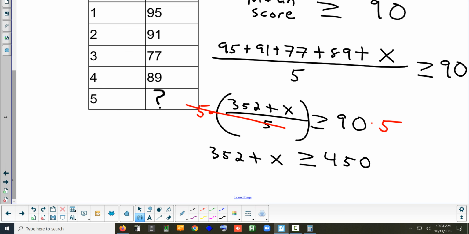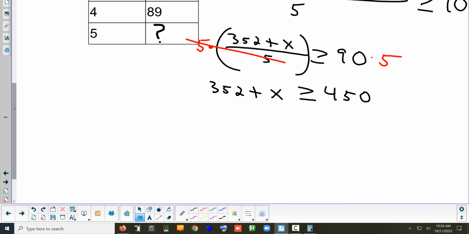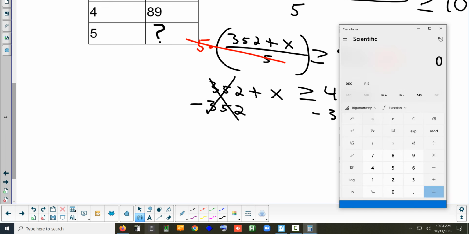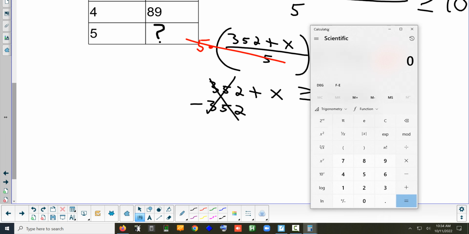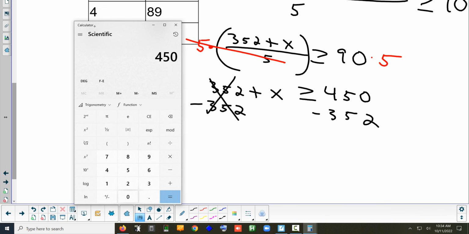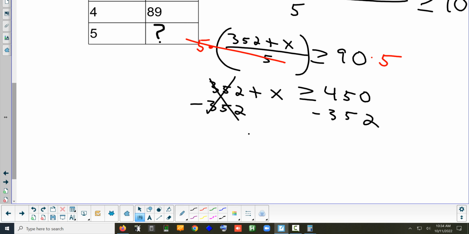So how would I get rid of that 352? Minus 352 and minus 352. Remember, you have to do it on both sides. And let's see what we get. 450 minus 352 is 98.